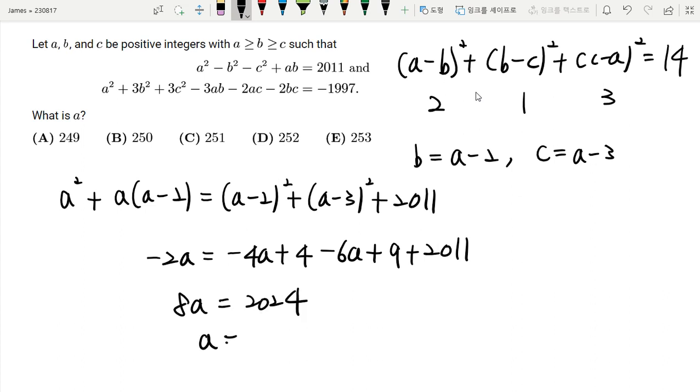So when you divide both the sides by 8, what's the value of A?